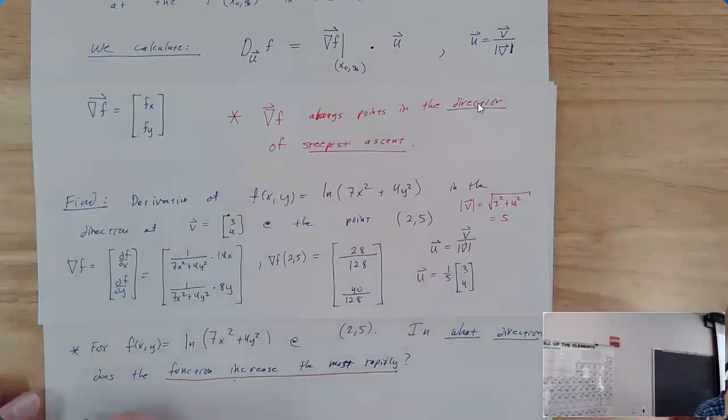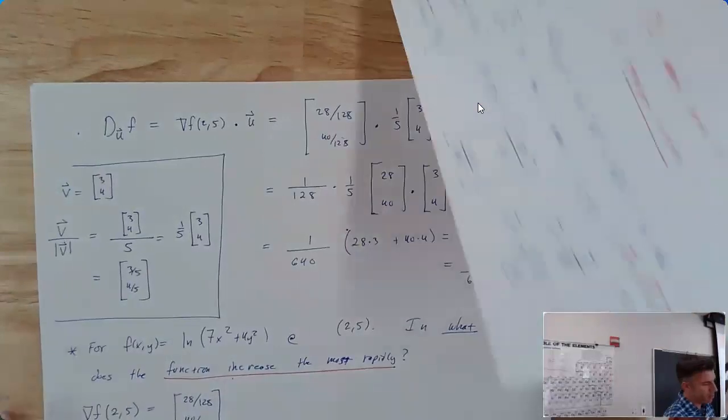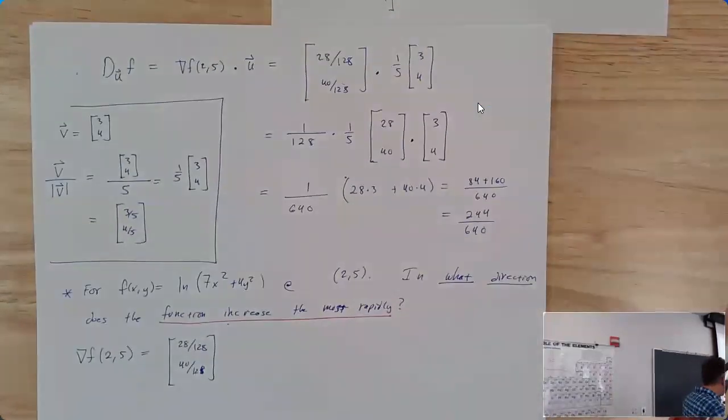So I'm going to point out that the gradient we found before at 2, 5, assuming I did things correctly, is 28 over 128, 40 over 128. But the problem with this answer, as you might have ascertained, is that there's a lot of answers that point in that same direction. You could do 28, 40, that points in the same direction, or 14, 20, or 7, 10, right? All those vectors point in the same direction.